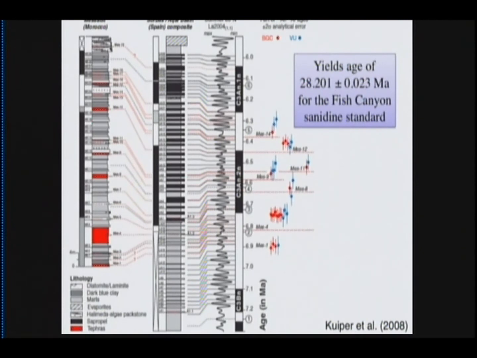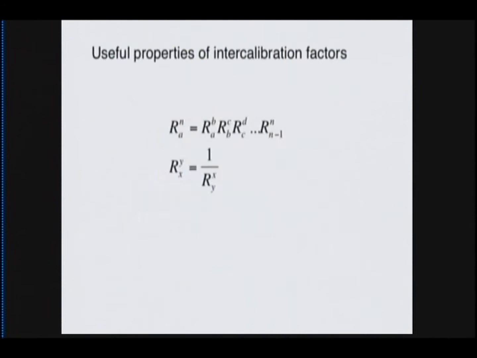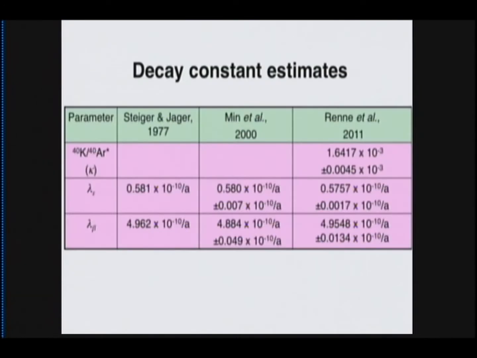And I have to say that to use this approach, you have to use not only this independently known age here, but also the total decay constant. So the total decay constant that was used in this approach was the one I mentioned here, Min et al., these values.